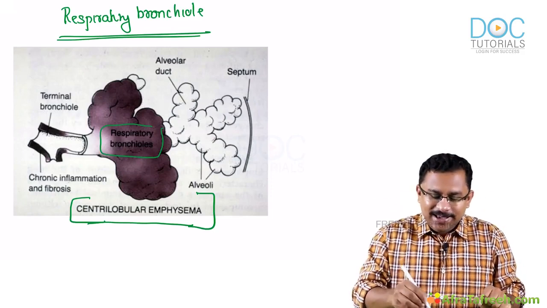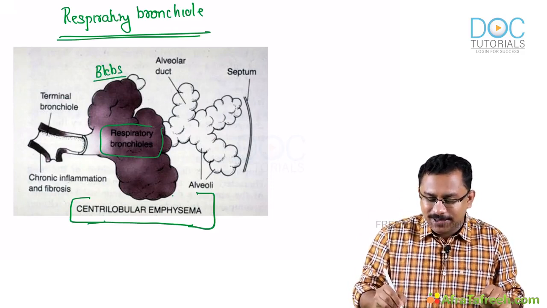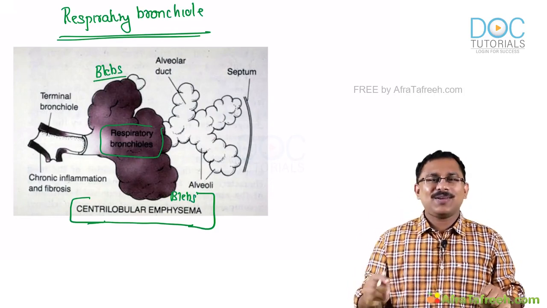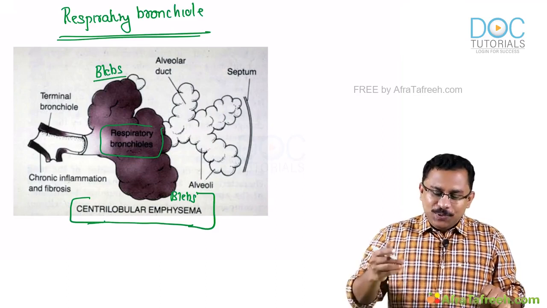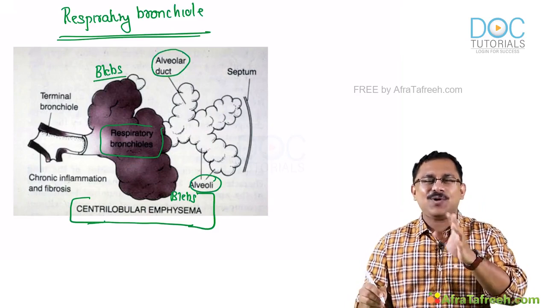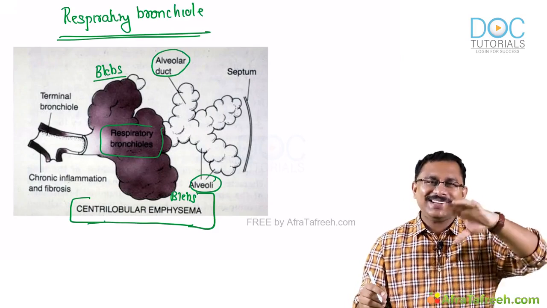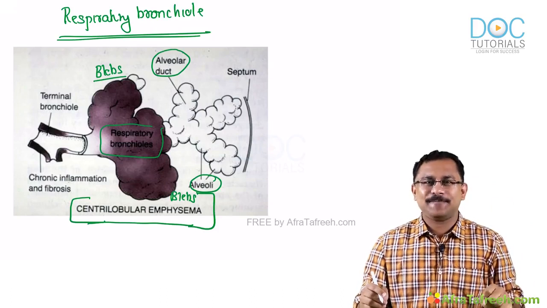Can you see that? And that results in the formation of blebs. You can see a bleb here. Okay, blebs. So, you can see that the alveolar duct and the alveoli are relatively okay. Okay, there may be some slight affection, but predominantly it's the respiratory bronchioles that are affected.